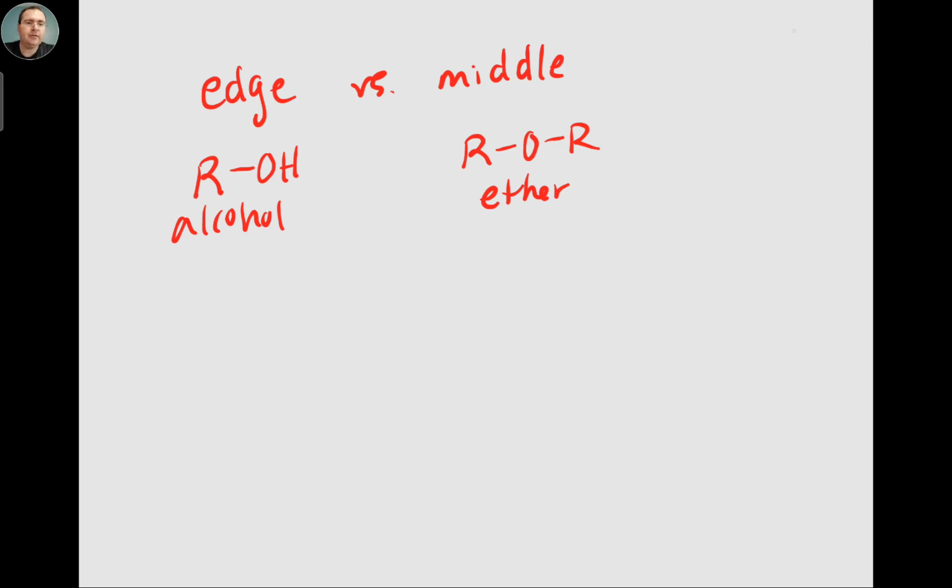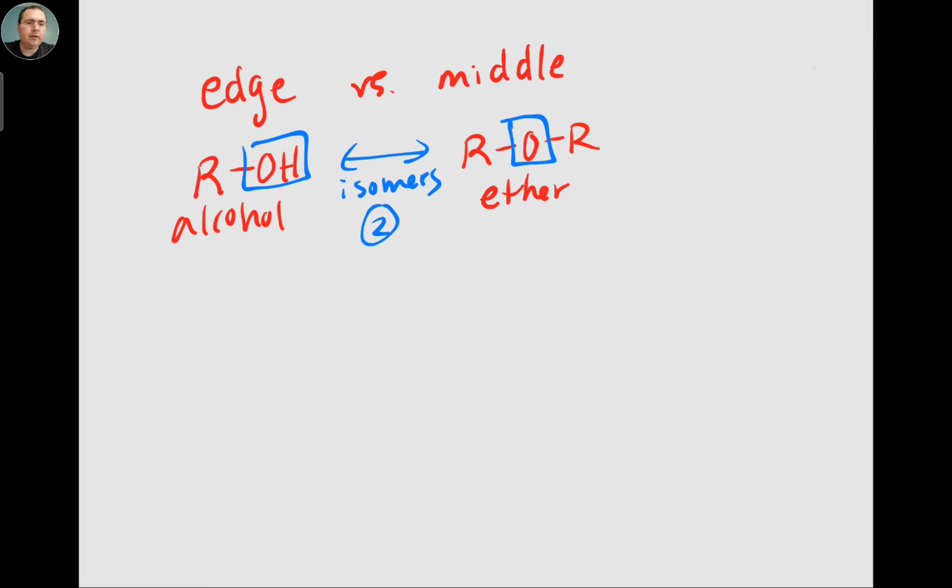The oxygen is either a terminal group, meaning it's on the edge, or it's stuck in the middle. And this is why these 2 functional groups are isomers. So you'll see those briefly. And the answer for our purposes of introchem is almost always 2, because they're not going to give you a longer chain where it's more complicated. They're just trying to get you to realize that some of our groups are almost identical other than the location of those atoms. In this case, edge versus middle.